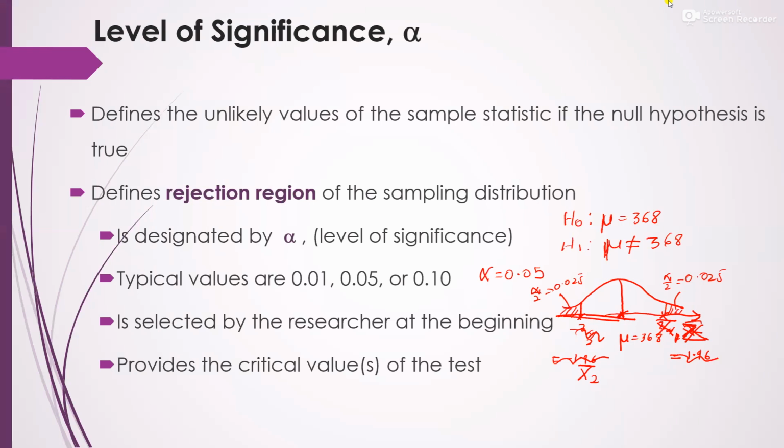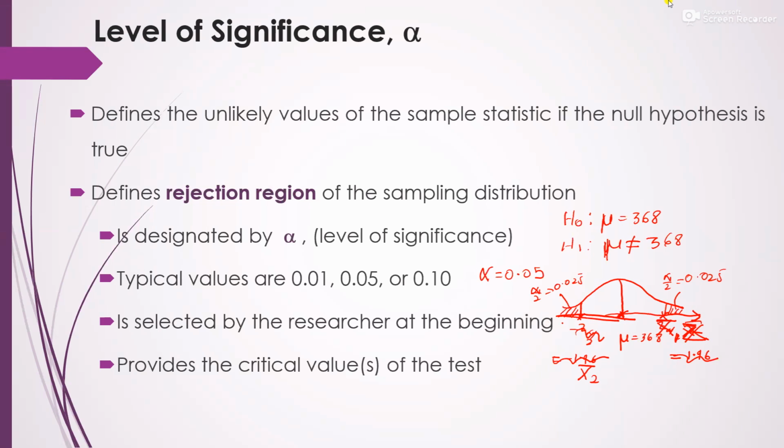If your mean value is larger than this particular X1 bar value, then mu equal to 368 is false.